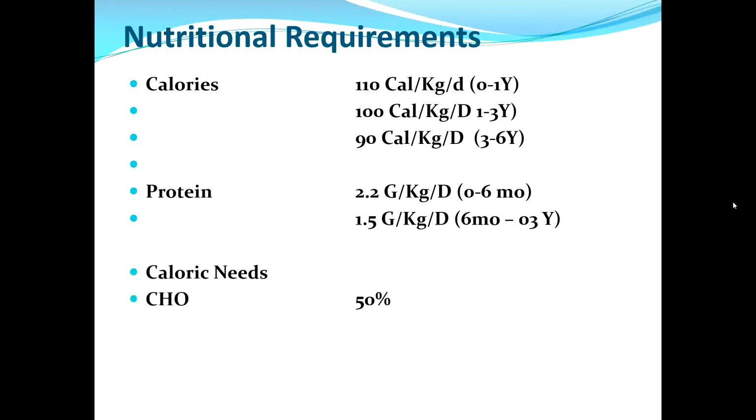Among the different caloric needs and the proportion of calories supplied from the three main nutrients, as a rough estimate, carbohydrate should not provide more than 50% of the caloric intake, fats around 35% of caloric intake, and proteins around 12 to 15% of caloric intake to help adequate growth and development.